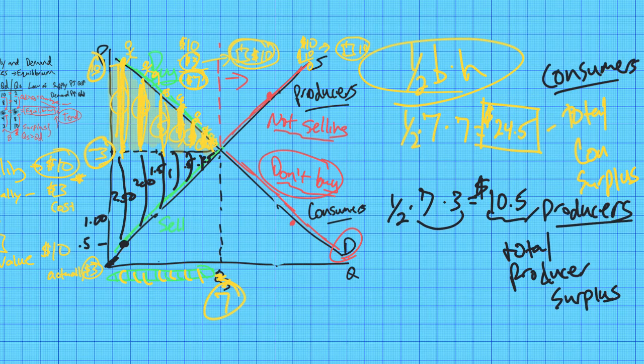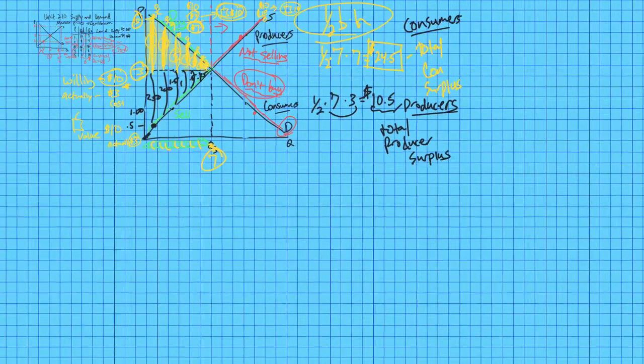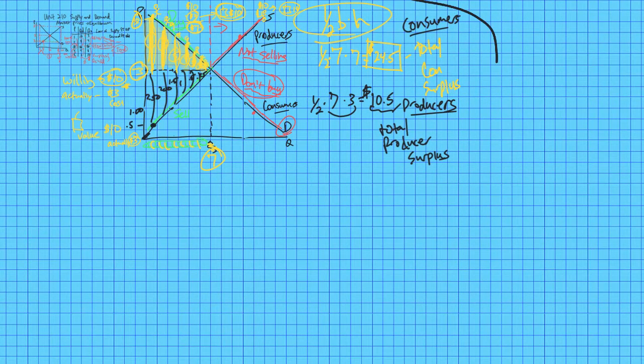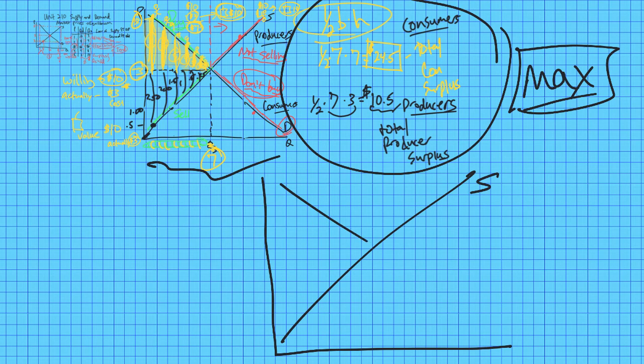Right? And the reason why we're looking at this right now is because at equilibrium, at this point of equilibrium, is when those two things are at their max. Okay? How do you maximize producer and consumer surplus? Equilibrium. So the market tends to maximize producer and consumer surplus because it tends toward the point of equilibrium, right? So if I show this quick supply and demand, this point right here is going to maximize this area and this area, right?